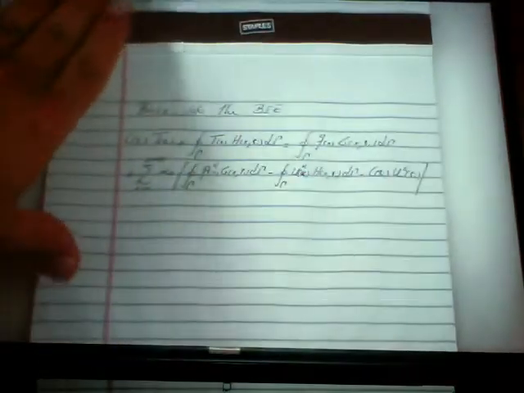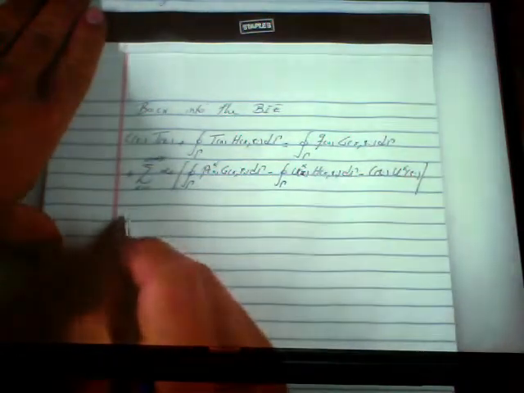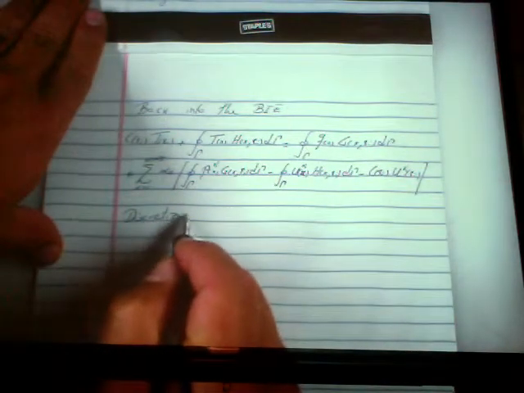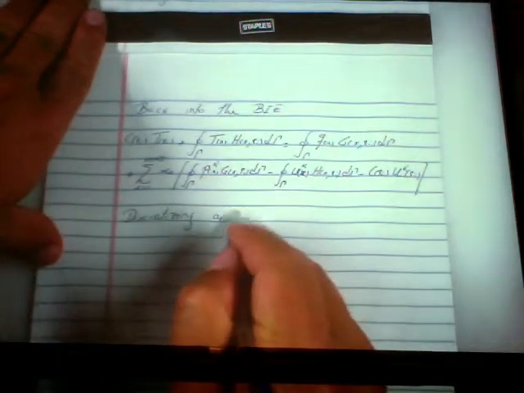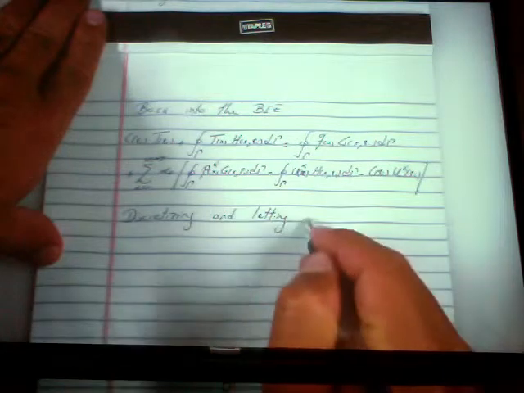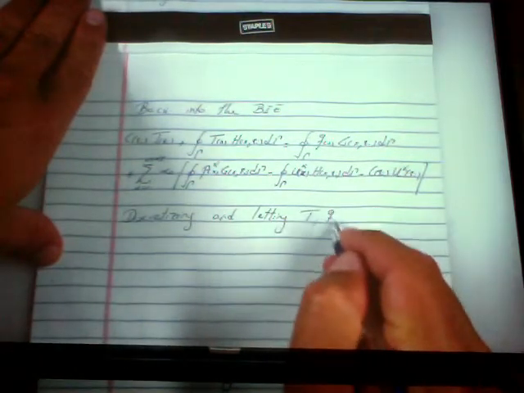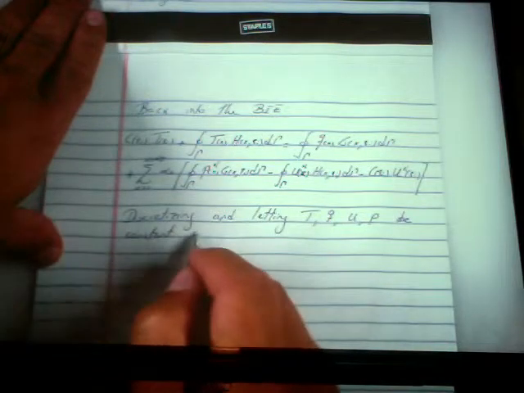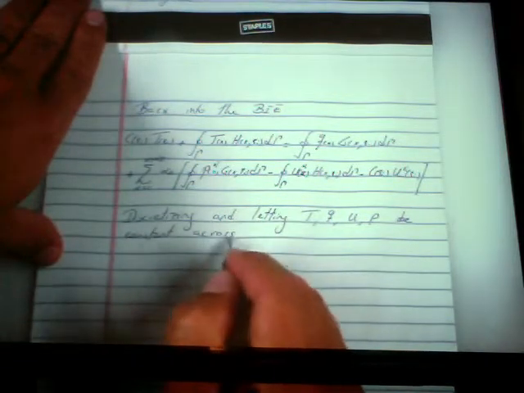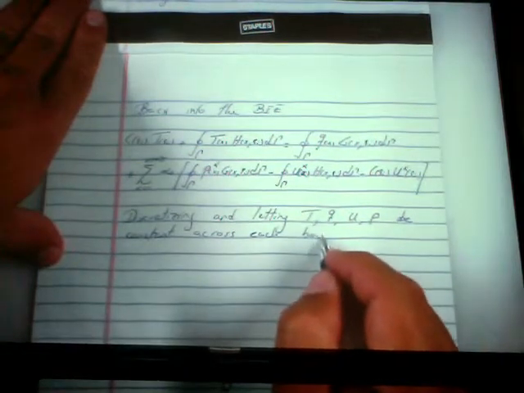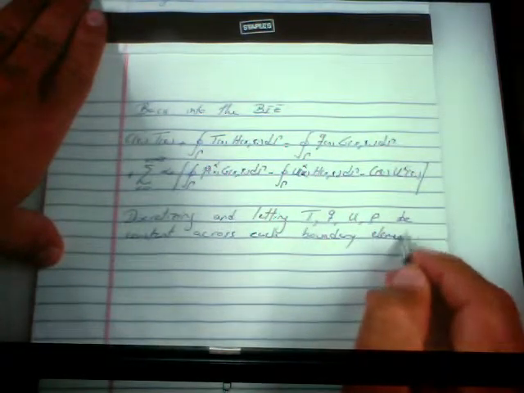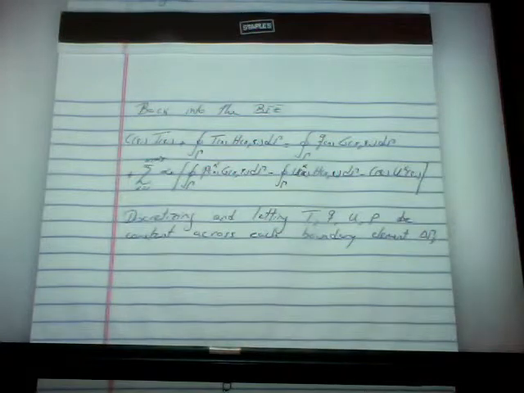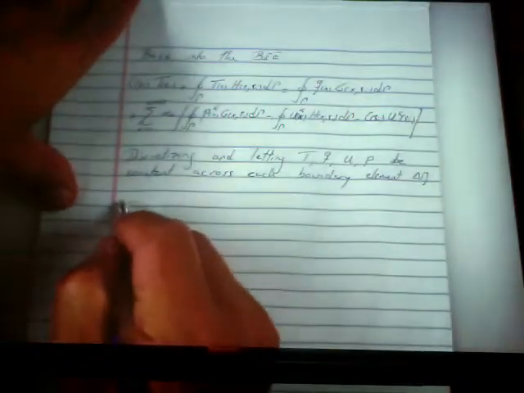Now discretizing and letting T, Q, U, and P be constant across each boundary element, delta gamma j. We've done this a few times already.